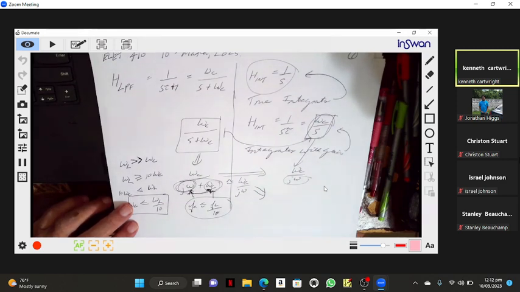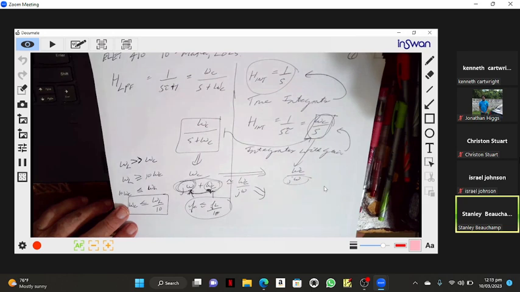For a low pass filter, what is omega C equal to? That's negative 3 dB. A frequency equals dB? Really? Rise per second equals dB? That makes sense to you?